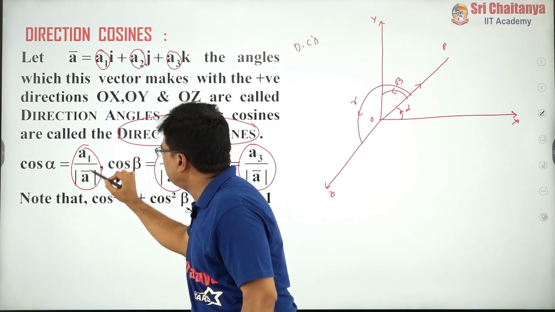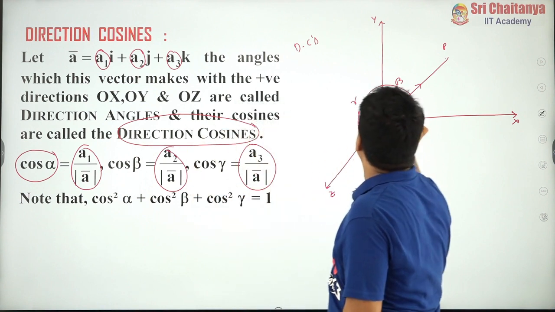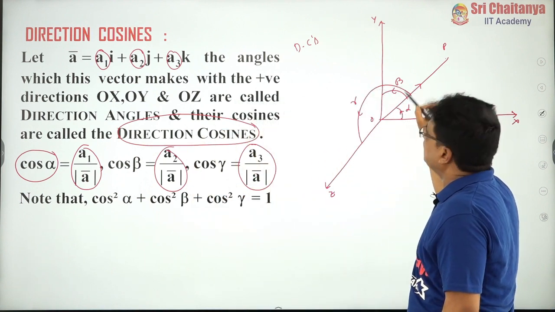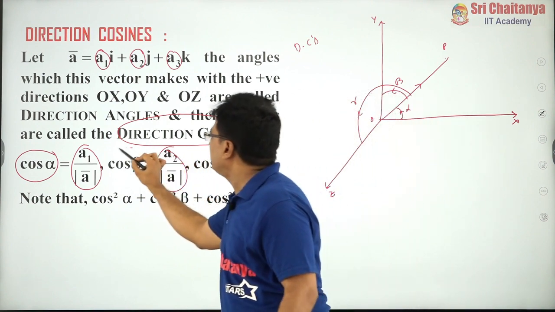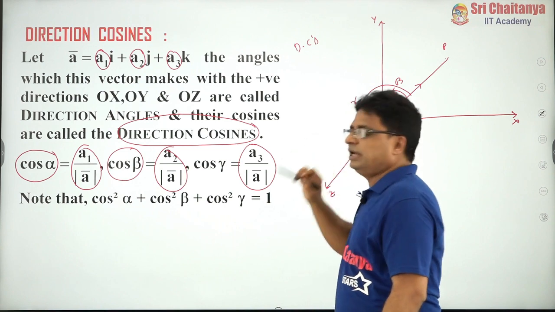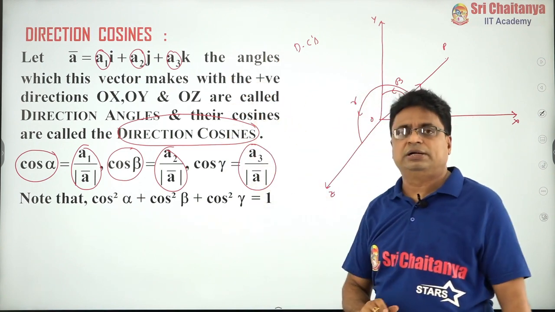You divide a1 by the magnitude of the vector, which gives cos alpha, that means the angle made by the vector in the positive direction with x axis. Cos beta is nothing but a2 by mod a bar, and cos gamma is nothing but a3 by mod a bar. This is the basic definition of direction cosines.